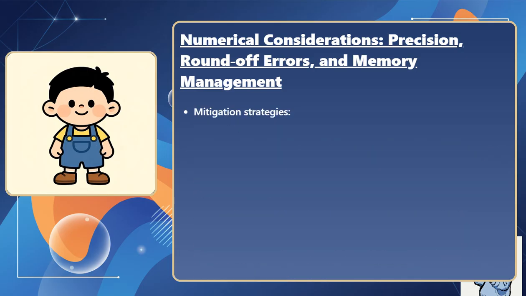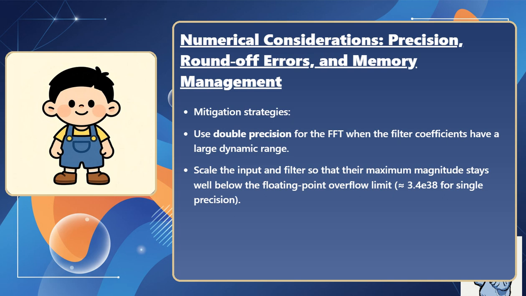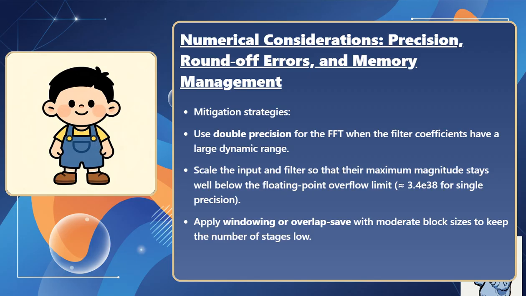Mitigation strategies: use double precision for the FFT when the filter coefficients have a large dynamic range. Scale the input and filter so that their maximum magnitude stays well below the floating point overflow limit, approximately 3.4 times 10 to the 38 for single precision. Apply windowing or overlap-save with moderate block sizes to keep the number of stages low.